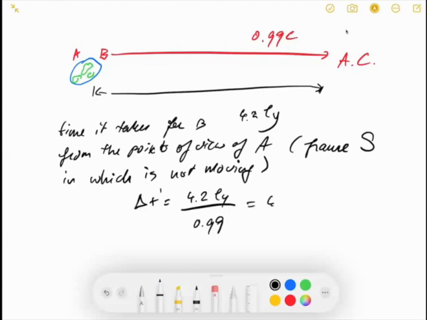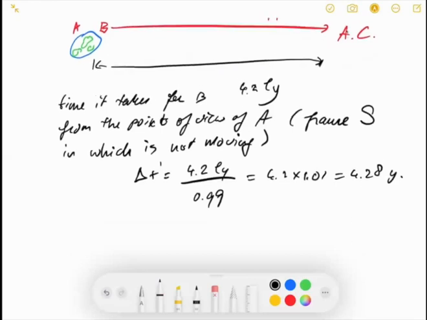So that's 4.2 times 1.01, let's call it 4.28 years. All right. Now, also, they figured out a way to reverse course really quickly. So it comes back, 2 times 4.28 years.